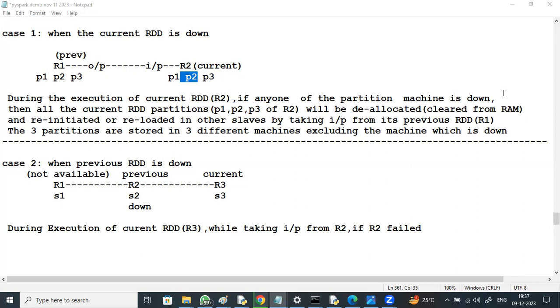Let me complete. Wide transformation. What do you mean by wide transformation? From P1, it goes to all partitions. From P1, it goes to P2, P3, P1 of R3. From this R2, wide transformation means from this P1, the data is shuffled to multiple partitions of R3.